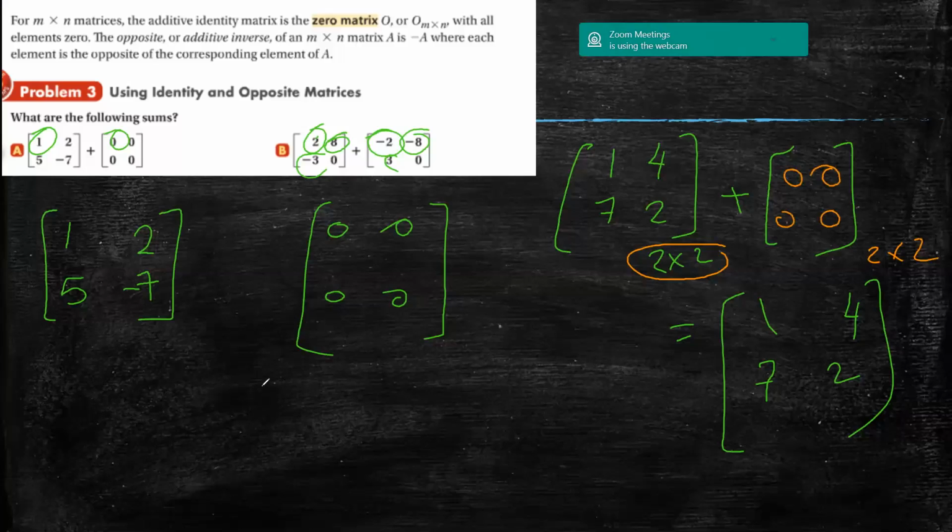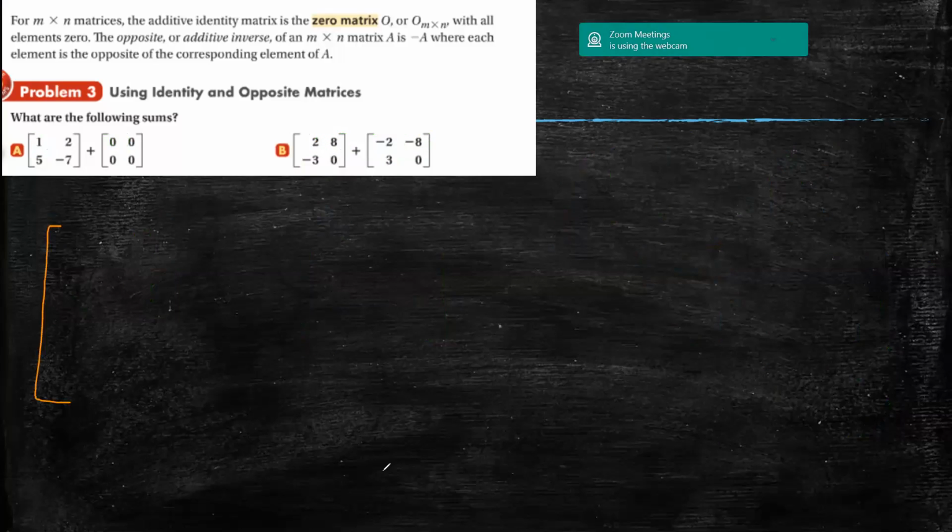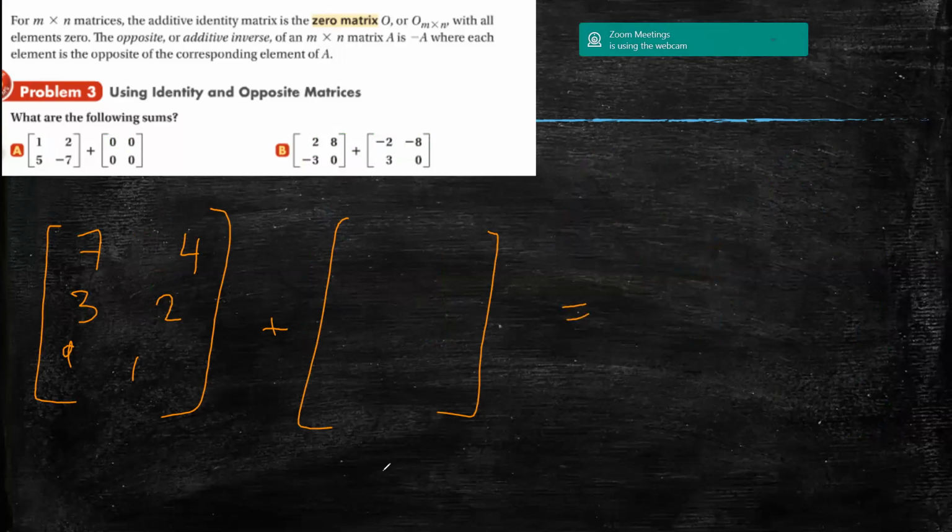Now, another way: if you have this matrix here, and I'm asking you to add it to any matrix to give me a 0 matrix. Here you have 3 rows times 2 columns, so we must have 3 rows times 2 columns.